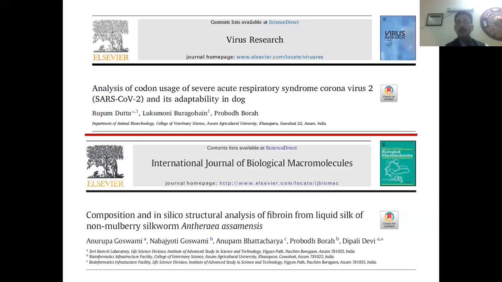Similarly, we also established beyond doubt that rather than the mutational process or mutational pressure, the natural selection process is more important for the variability or diversity in the SARS-CoV-2 virus. And therefore, the overall mutation pattern that has already been reported in the SARS-CoV-2 virus in different populations might not have a direct impact on the change of pathogenesis of the pathogen so far. So this was also published in Virus Research.